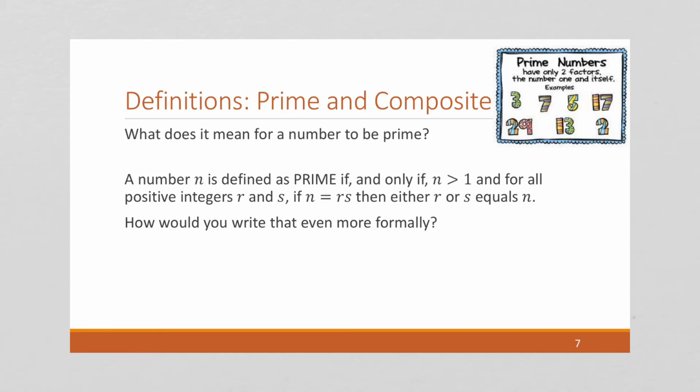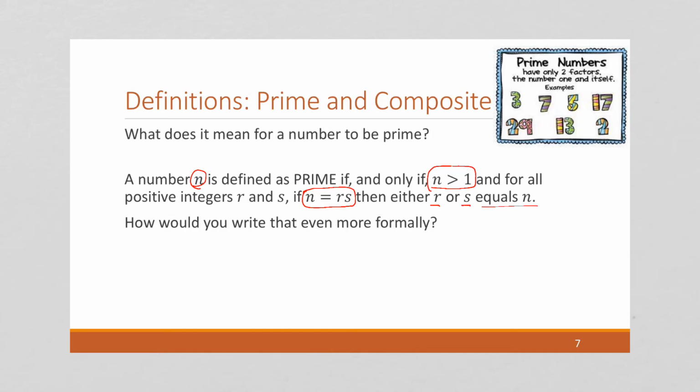Let's talk about prime and composite. What does it mean for a number to be prime? Well, a number n is prime if and only if it's greater than 1, and if it equals some factors, then one of these factors has to be n.